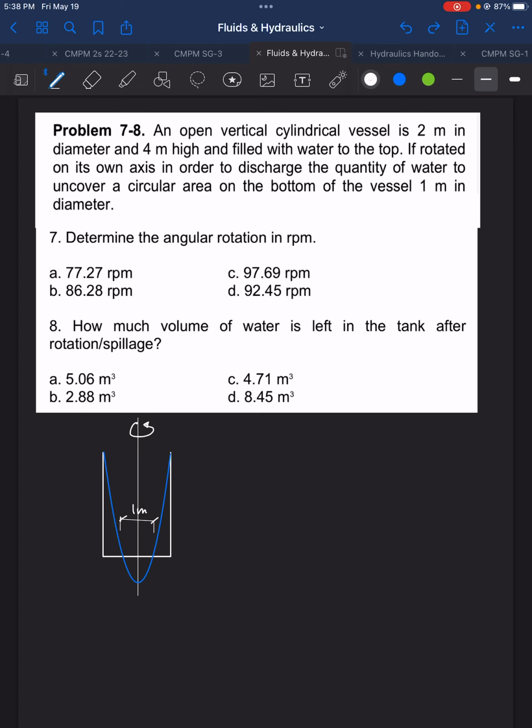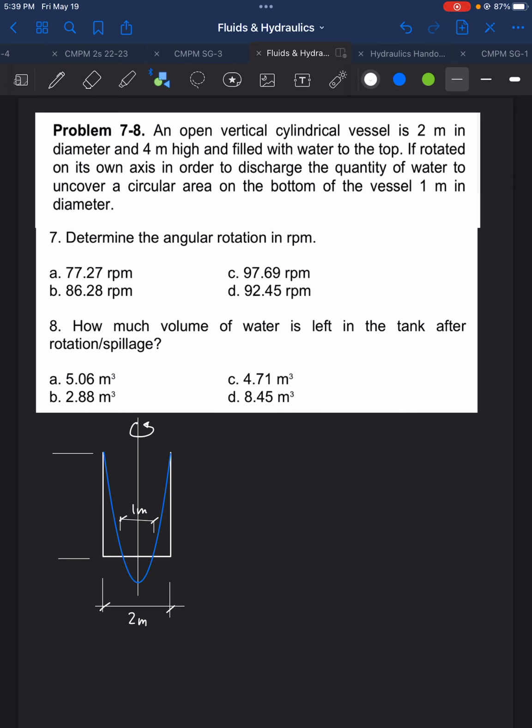So the diameter of this vessel is 2 meters. Let's just put here 2 meters. And the height of this cylinder is 4 meters.